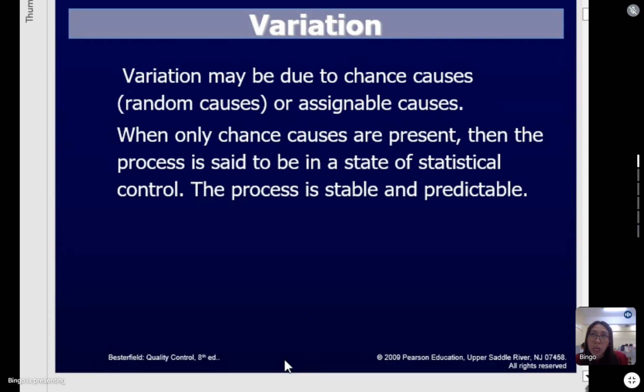So hindi mo na talaga siya, parang, say for example, merong mga defect na because of the machine. Kunyari, nagkaroon ng bubbles because of the process. Okay? So, yan yung tinatawag natin ng mga chance causes. Okay? So, when only chance causes are present, then the process is said to be in state of statistical control. The process is stable and predictable.